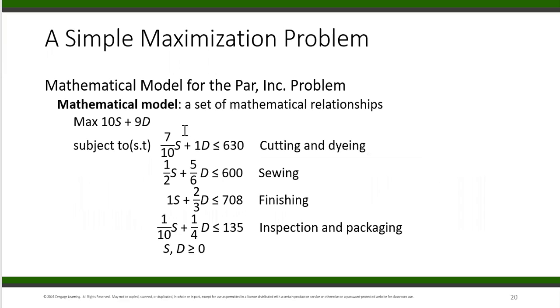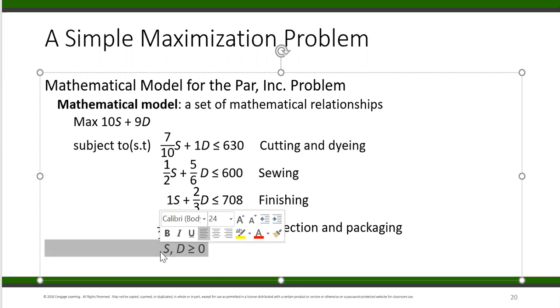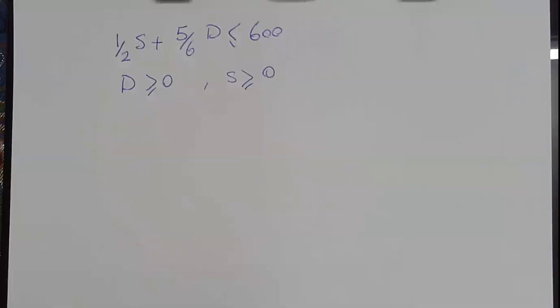I'm just going to draw 3 of them, maybe the 3 easiest ones. So I'm going to do sewing, and I'm going to do the non-negativity constraints. So I'm going to write it down here: half of S plus 5/6 of D less than or equal to 600, D greater than or equal to 0, and S greater than or equal to 0.